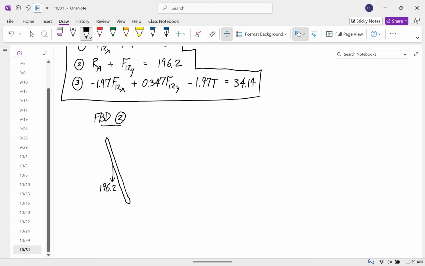It's not contacting body 2. The only thing touching body 2 is the pin. That is the force on 2 by 1, since the pin is 1. To get the lowest number of variables possible, I'll write this as negative F12. And then down at the bottom, this is a pin joint, so I'll call this RC.